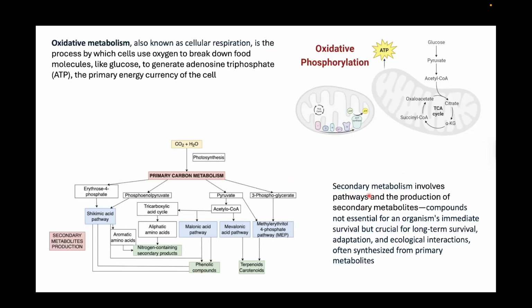Secondary metabolism involves pathways and production of secondary metabolites, which are not essential for organisms' immediate survival but crucial for long-term survival, adaptation, and ecological interactions, often synthesized from primary metabolites. So, whenever there is fixation of carbon source into the primary carbon compounds like phosphoenol pyruvate or 3-phosphoglycerate, these can undergo secondary metabolism to give us the secondary metabolites.